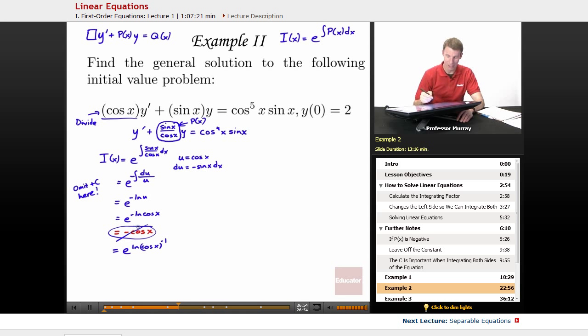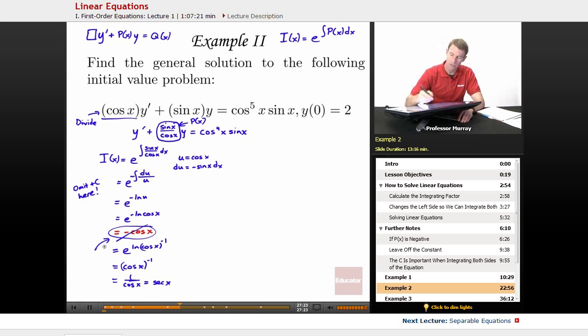Remember, that negative becomes an exponent, so that's just cosine x to the negative 1, which is 1 over cosine x. And that's the actual integrating factor. So that's also the same as secant x. That's the integrating factor, not negative cosine x. That would have really steered you wrong.